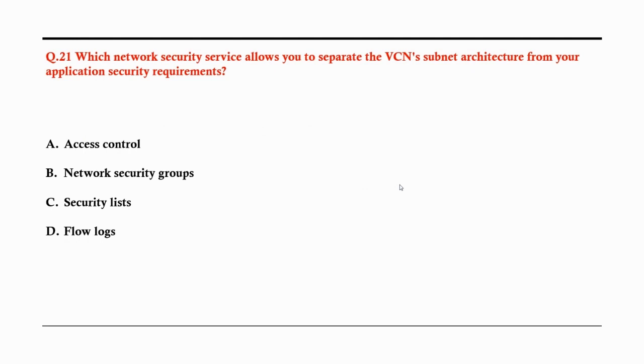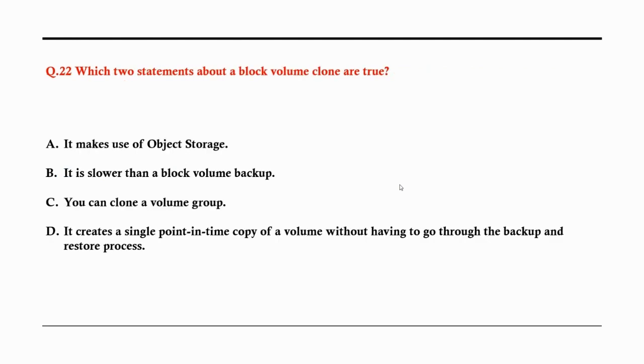Question 21. Which network security service allows you to separate the VCN subnet architecture from your application security requirements? So the correct answer is network security group, which is used to separate the VCN. Question 22. Which two statements about a block volume clone are true? So the correct answer is C and D. C states that you can clone a volume group.